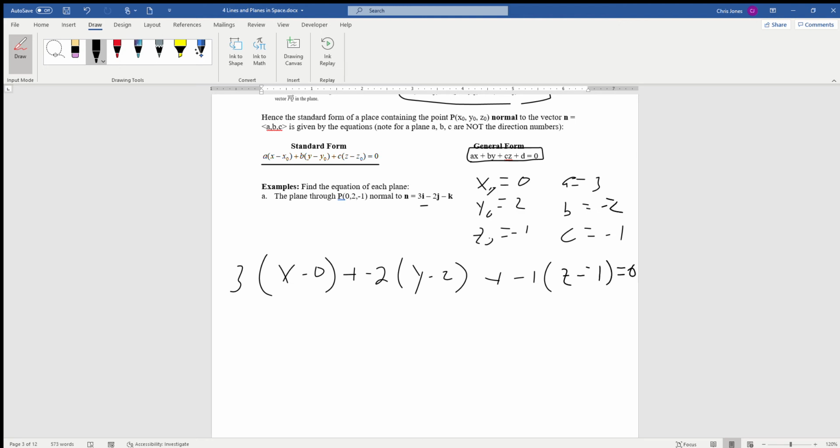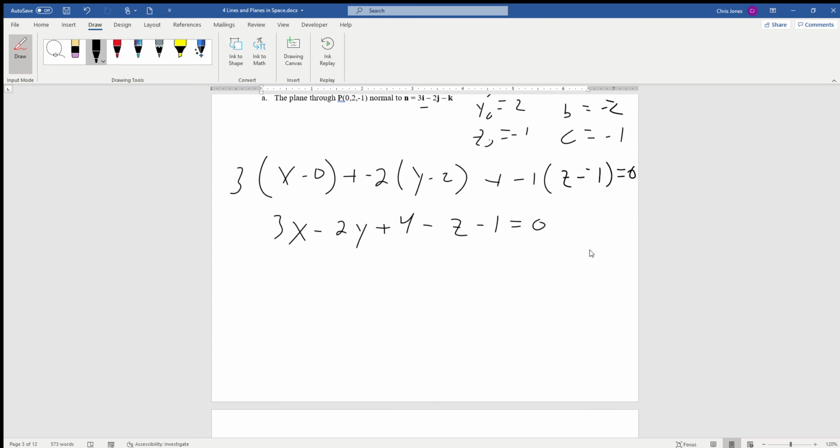And we can clean this up. 3x minus 2y plus 4 minus z minus 1 is equal to 0. Or another way to write that, or a couple ways to write that, 3x minus 2y minus z plus 3 equals 0.